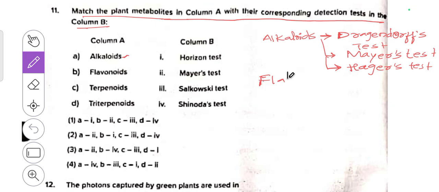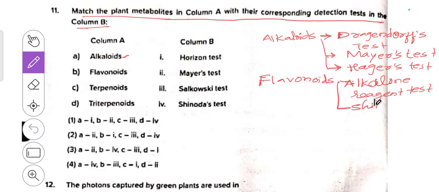Then come the flavonoids. It is also a metabolite which will be detected through the alkaline reagent test. Then one more test, that is Shinoda's test. Then the triterpenoids are detected with the Horizon test.